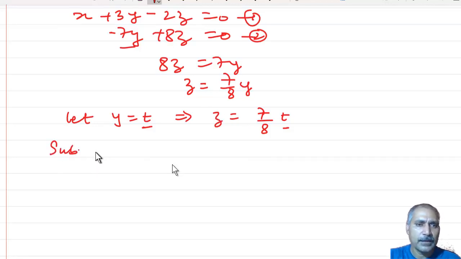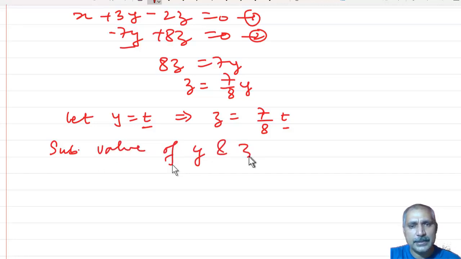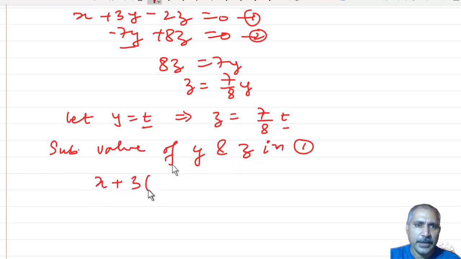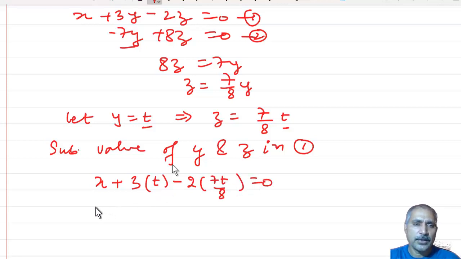Substituting the values of y and z in equation number 1, we get x plus 3 into t, minus 2 into 7t upon 8, is equal to 0. Now this is x plus 3t, and 2 and 8 cancel to 4, so we have minus 7t upon 4 is equal to 0.